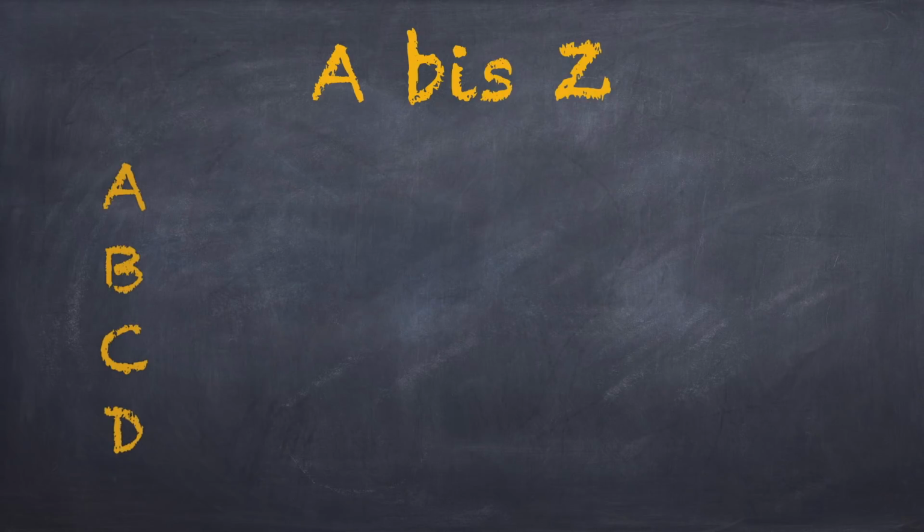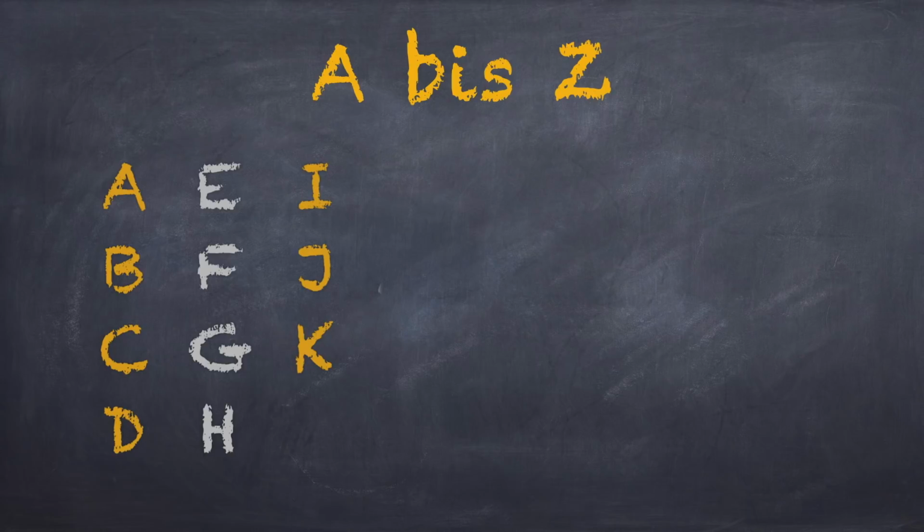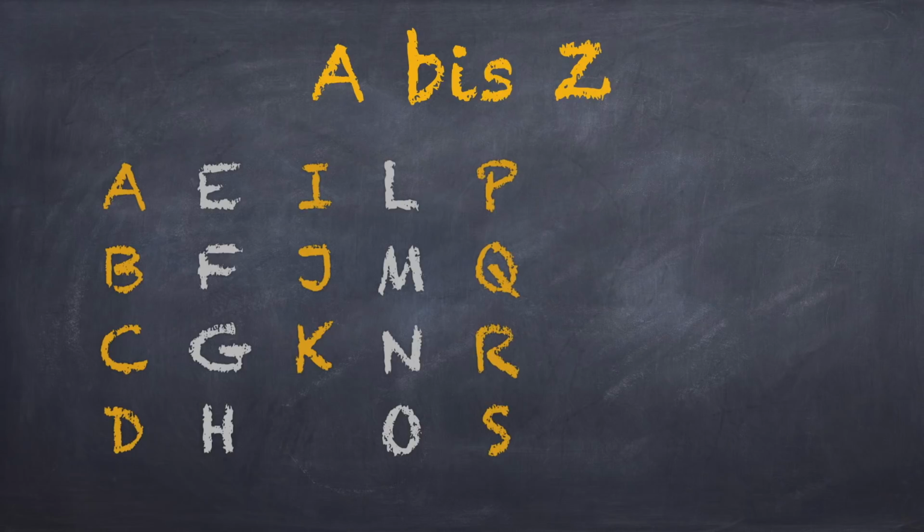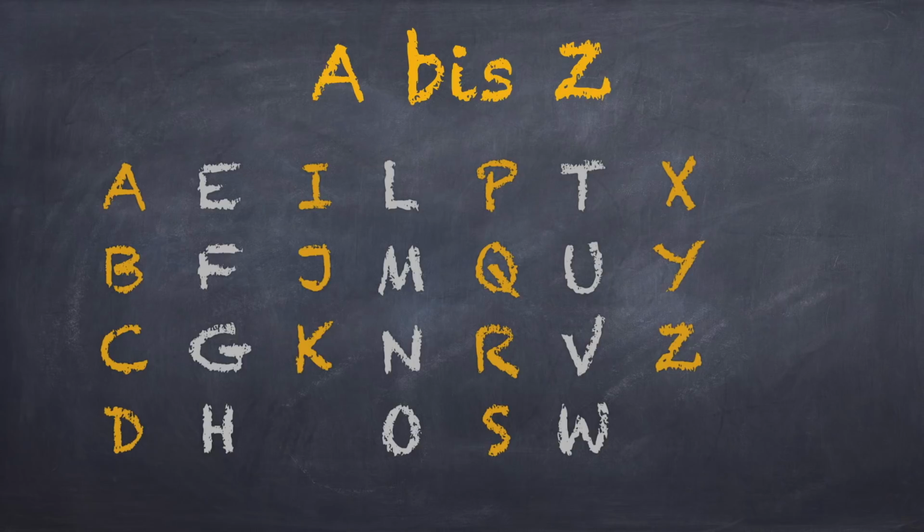A, B, C, D, E, F, G, H, I, J, K, L, M, N, O, P, Q, R, S, T, U, V, W, X, Y, Z, Ä, Ö, Ü, SZ.